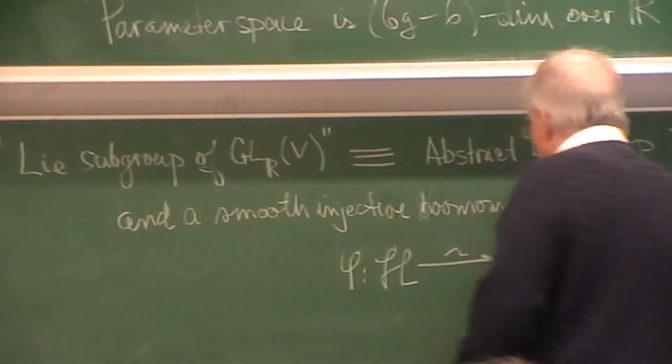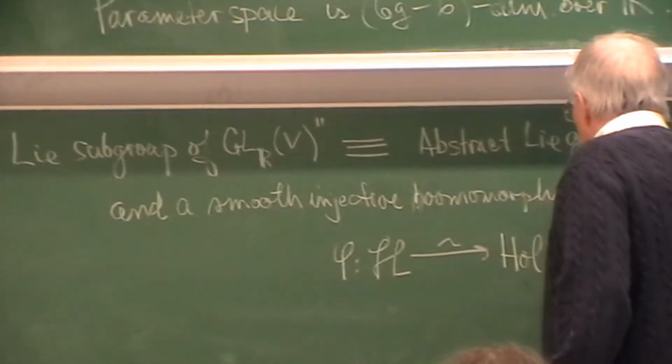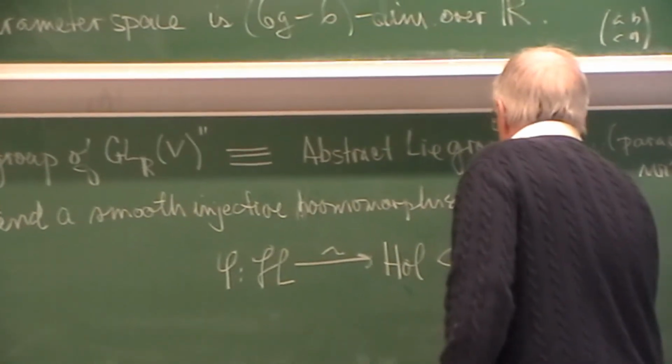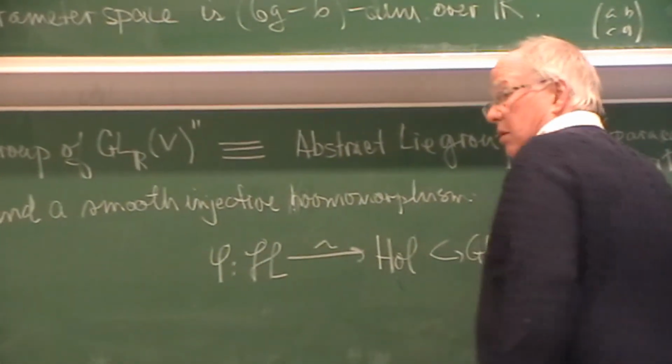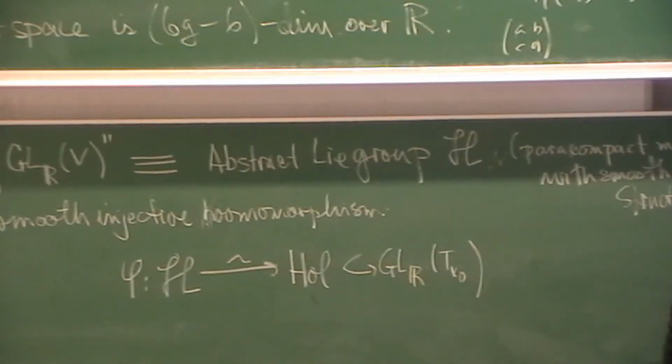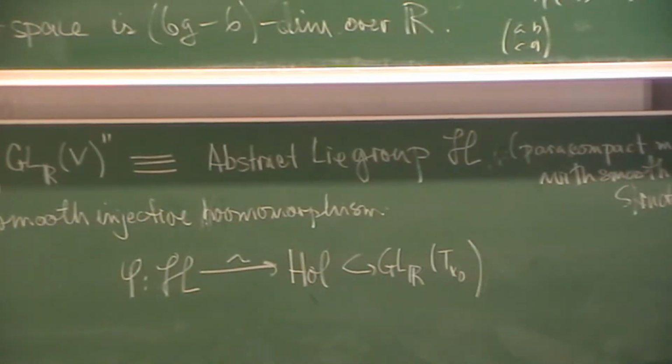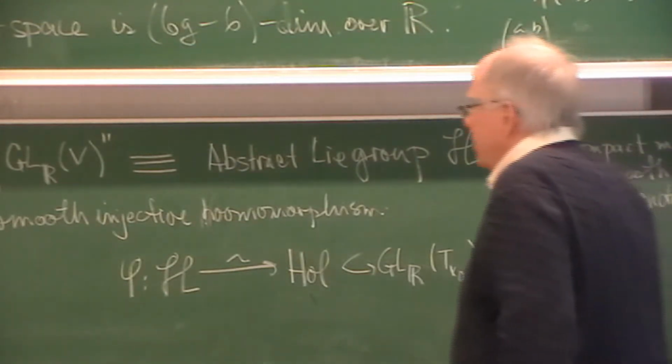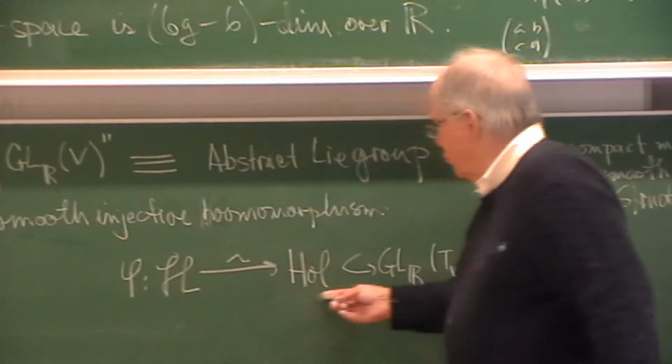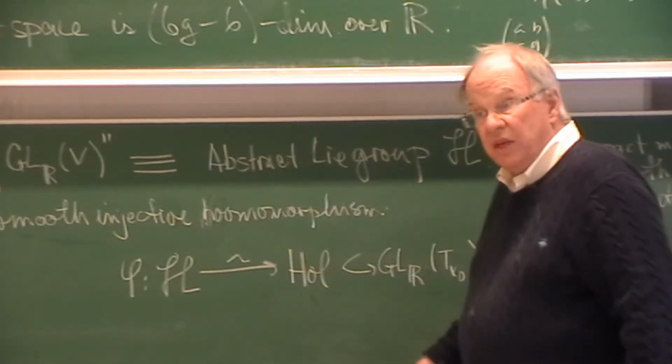I'm talking about the holonomy group in this case, contained in GL. It's an abstract Lie group. So it's wonderful: it's a smooth manifold, it has only countably many components, it has group structure, all the group operations, multiplication and inverse and so on, are smooth. As an abstract guy, it's okay, but the trouble is it's mapped into GL(n,R) by an immersion, an injective immersion.